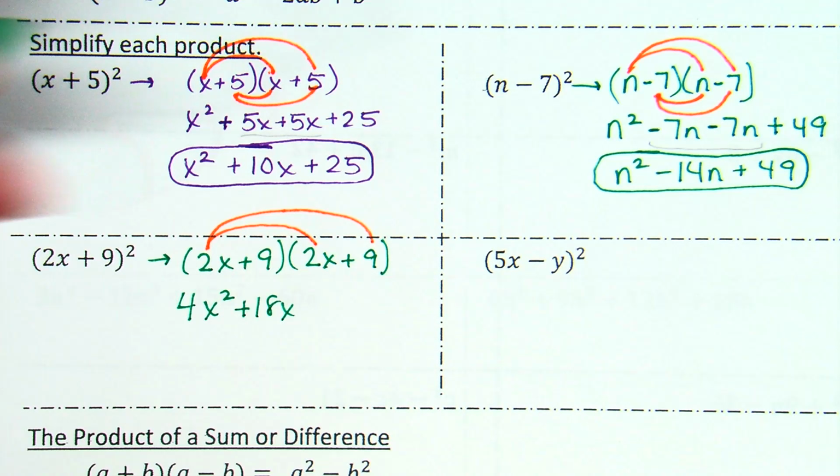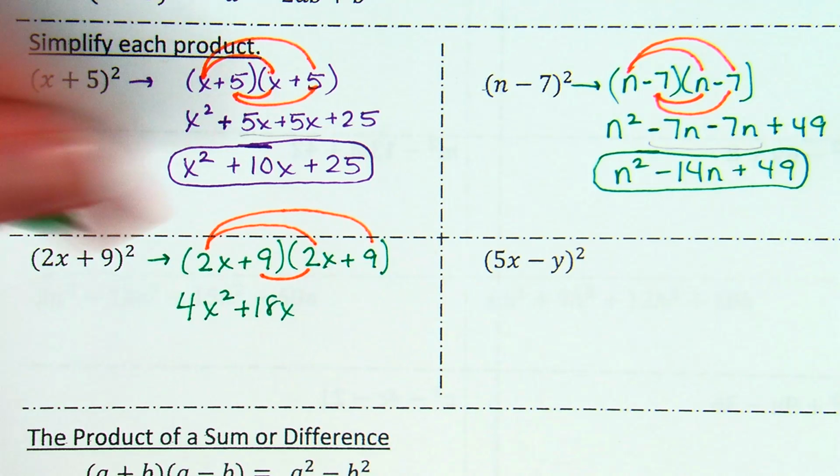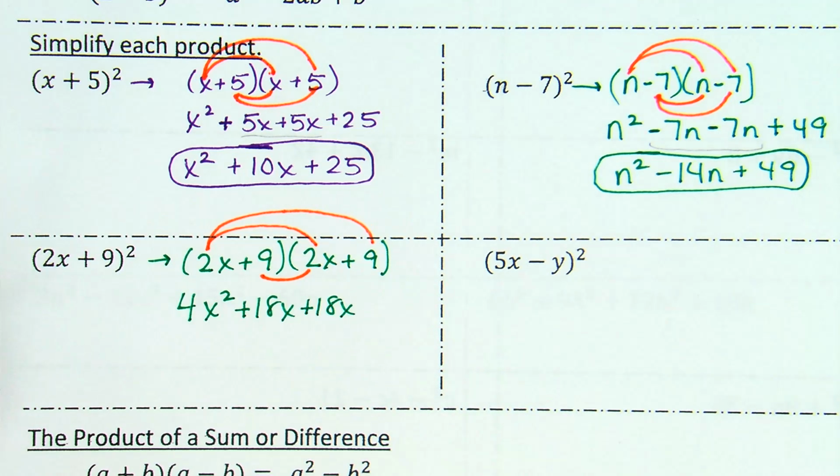Okay, next. Inside. Yeah, I said it backwards. It is 2x times 9, isn't it? I mean, officially, we want to say 9 times 2x, but it's 2x times 9. Either way, it's going to give me another 18x.